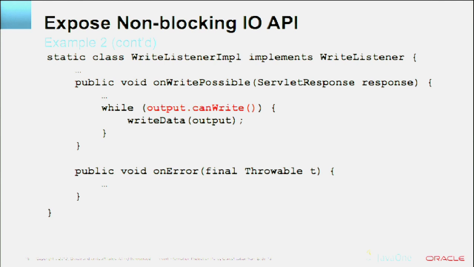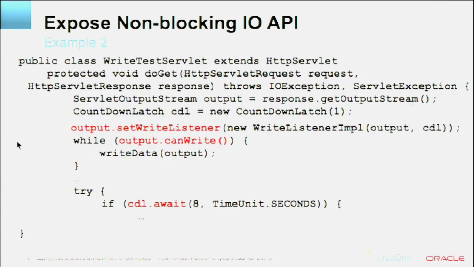It doesn't have to be byte by byte; you can pass in a byte array. The example suggests that first you call writeData to write part of the output, and then in the listener you continue to write another part of the output. Yes. So the writeData method needs to know about the different parts of the output and how far it has already progressed. Yes, in this case, yes. And I'm wondering what the writeData method would look like. Okay, I can show you an example on this if we have time.